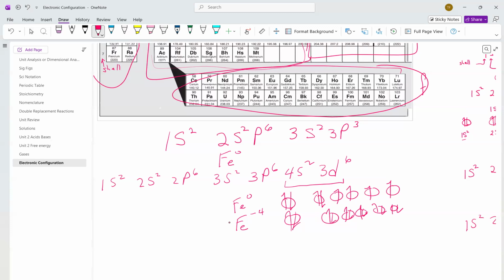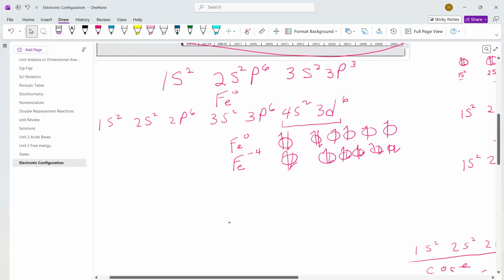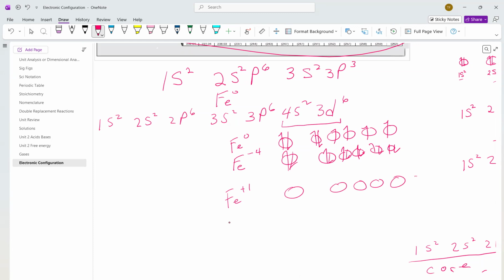Okay. So let's start losing some electrons now. What if we lost 1 electron? Would that gain us anything? This is what 1 electron loss would look like. Is that more stable than the original metal?